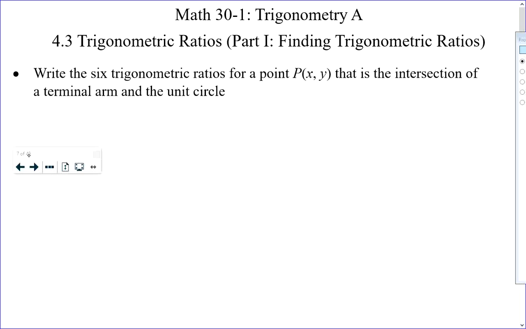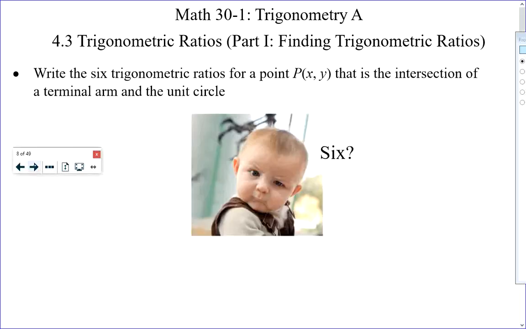We're talking about the unit circle, and we're talking about 6 trigonometric ratios. There are actually 6. What you learned about sine of theta, cosine of theta, and tangent of theta last year in terms of coordinate trigonometry, which means in terms of x, y, and r, you're going to learn about 3 more.